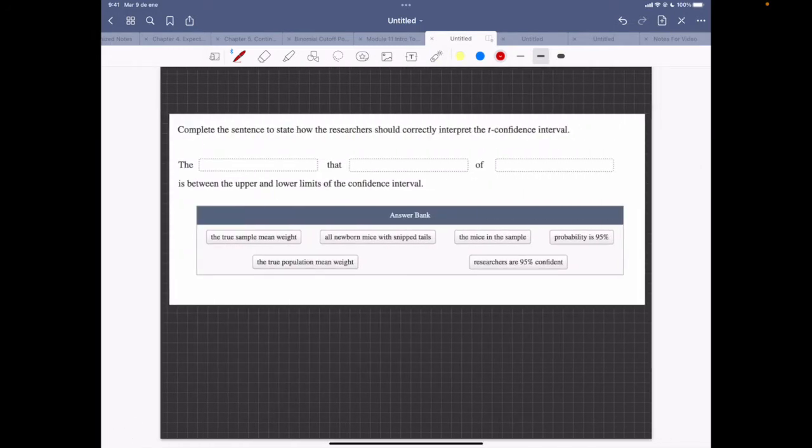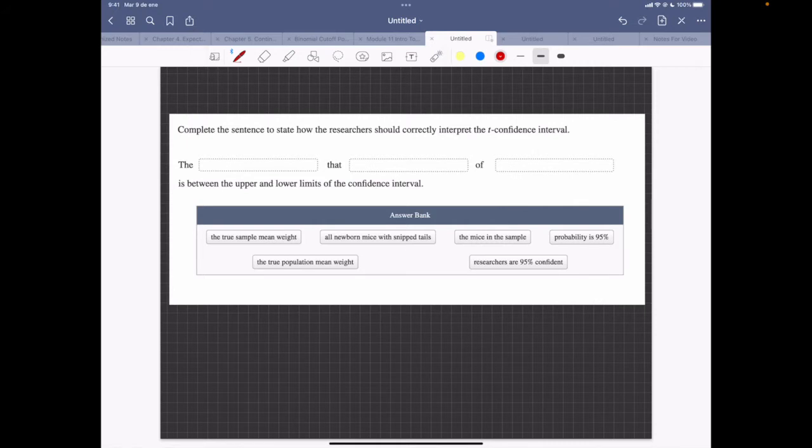Now, next, complete the sentence to state how the researchers should correctly interpret the t-confidence interval. When you have to respond to this, you're going to be able to choose these answers from the answer bank. So how to interpret this? What do we have to choose here?